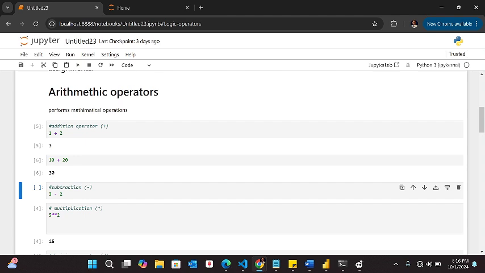Now mind you, we said arithmetic operators help us to perform mathematical operations, right? And we can only perform mathematical operations on numeric values. So the arithmetic operator works primarily with numeric values, and we know that numeric data is divided into two types.